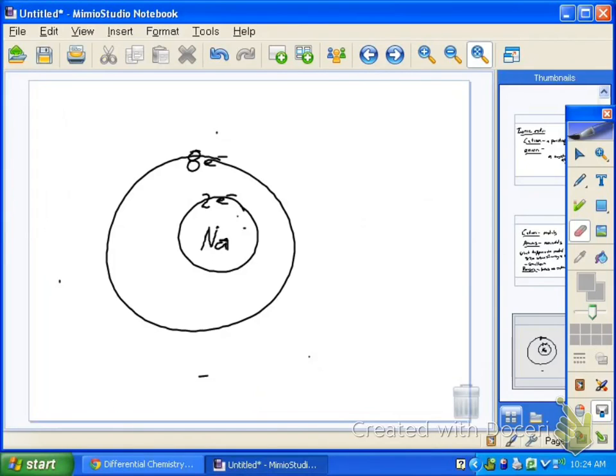Okay? So that's sodium. If we would do magnesium that way, we subtract the electron and then you get that. It goes to the point where it has a full outer shell. So it loses an electron to get that full outer shell, we'll find later. Here's magnesium.